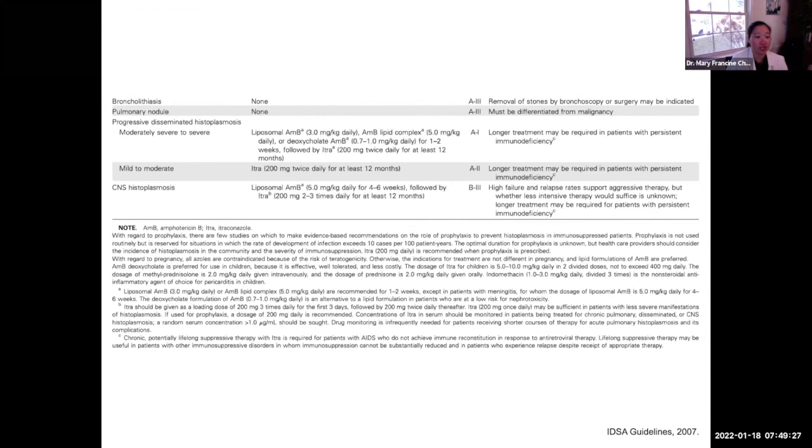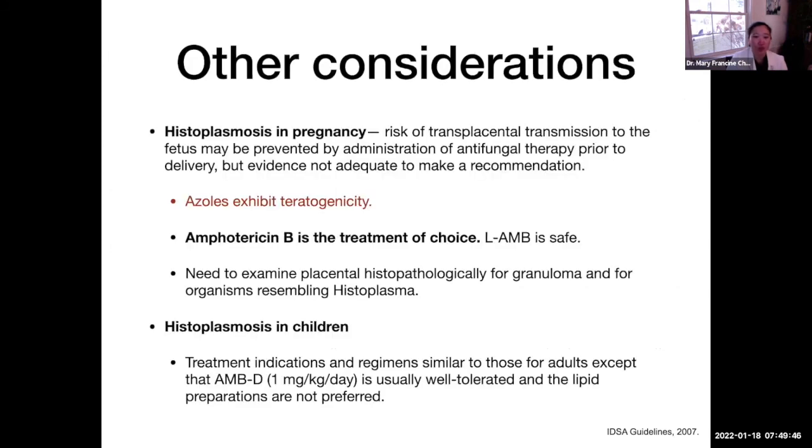And if you have central nervous system histoplasmosis, again, you have your amphotericin B for 4 to 6 weeks, followed by itraconazole for 12 months. In the guidelines, they also mention prophylaxis for histoplasmosis, which we'll talk about in a little bit.